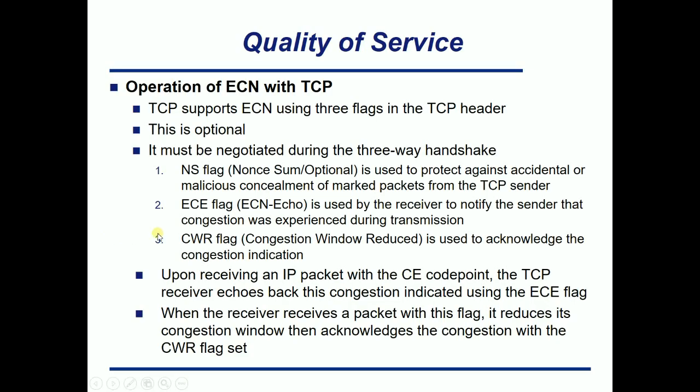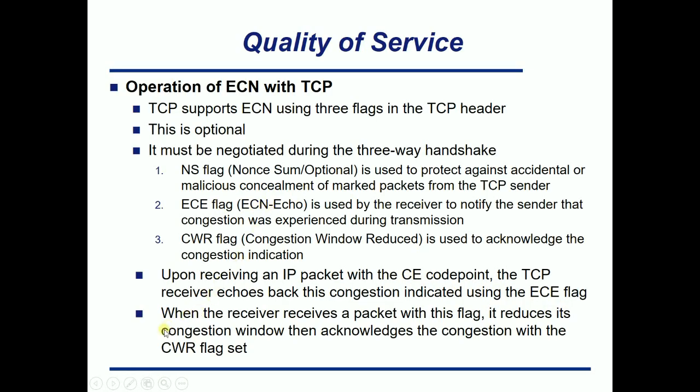So the receiver of this packet sees that CE is turned on. When it sends an acknowledgement back to the sender saying, hey, I received those packets, also we experienced congestion, it's going to set the ECE flag, meaning, hey, there's been congestion, I'm going to send you an echo.